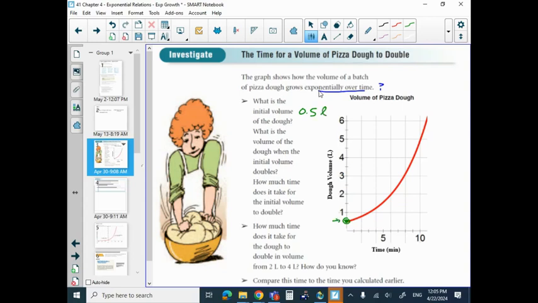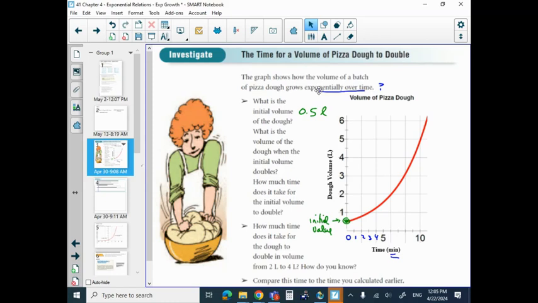So the initial value, just reading from the graph for now, at time 0 and then 1, 2, 3, 4, 5 in minutes, right? So at 0 minutes, since mixing up the dough, it starts out at 0.5 liters.